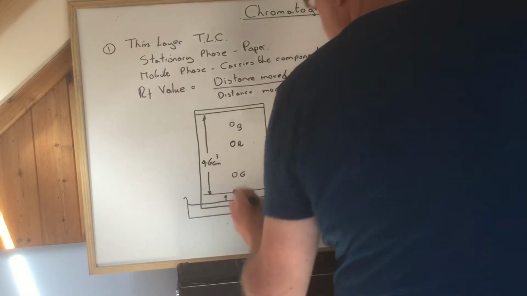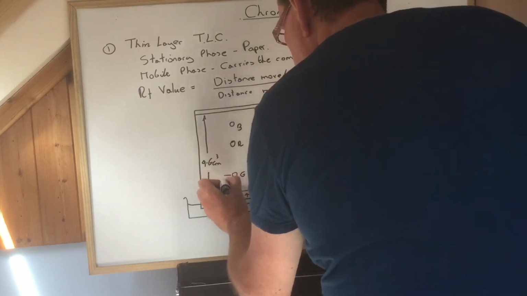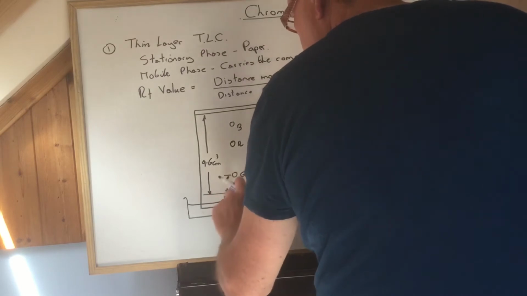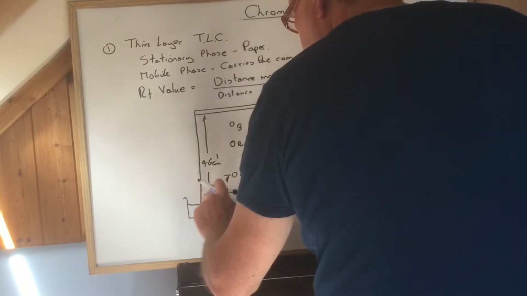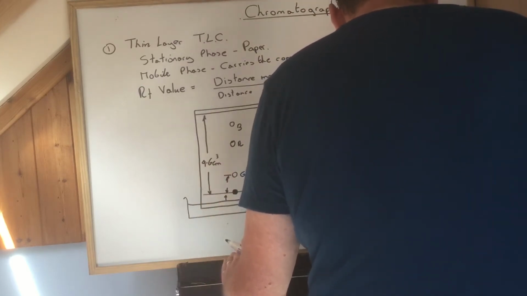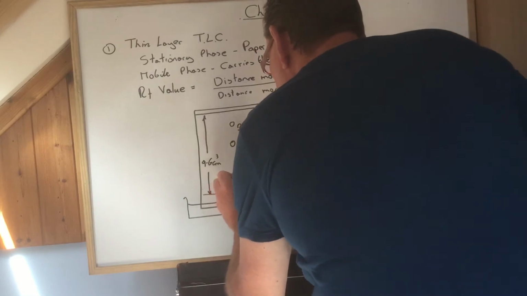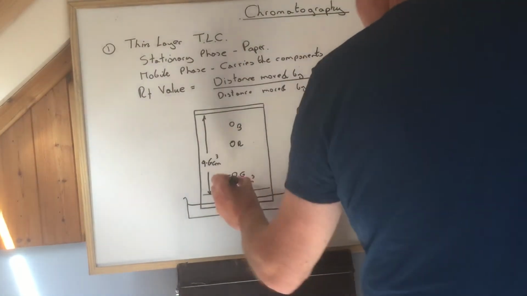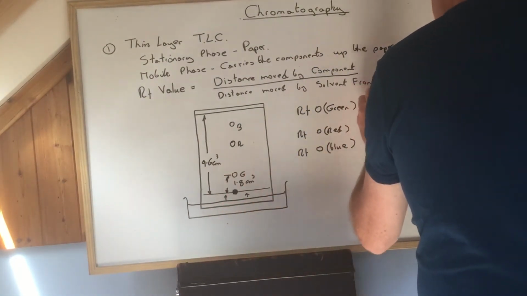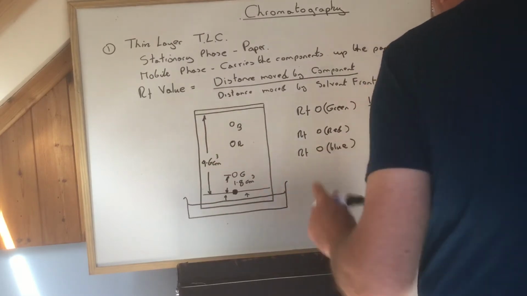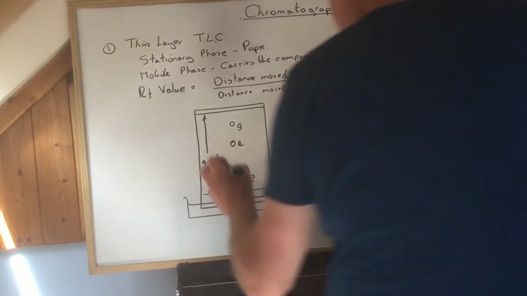Okay, green through the middle. Measure that distance. You'll see these questions, it's no big deal. Let's say that it has travelled up from the centre of the dot to the pencil line. That is where you measure it from, that's your baseline at the bottom. Let's say that it's 1.8 centimetres, shall we? So the RF value for that is 1.8 divided by 9.6 equals, right, the red one.